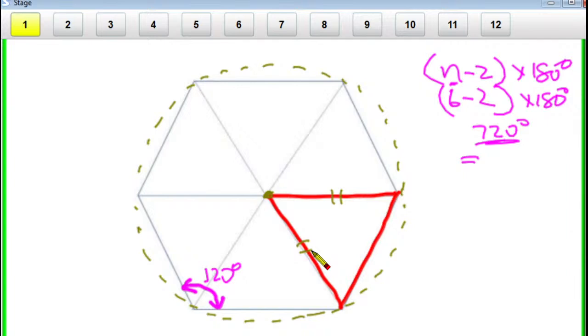Now, since we've got that as a 60-degree angle, and that is a 60-degree angle, because remember, the angles are being bisected, being the property of the regular hexagon, we can say that the diagonals will bisect the interior angles. We now have 60 degrees over there, we've got 60 degrees over there, which means this must also be a 60-degree angle, sum of the interior angles of a triangle, which makes that an equilateral triangle. So all three of those sides are therefore equal. So if this is 10, then every one of those sides will also be equal to 10.